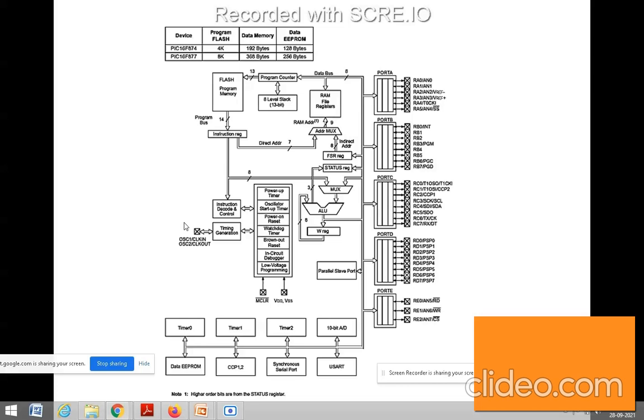Other peripheral devices like ADC, DAC, parallel interface, serial interface, and direct memory access: everything will be available in a single chip itself. That is called a microcontroller.